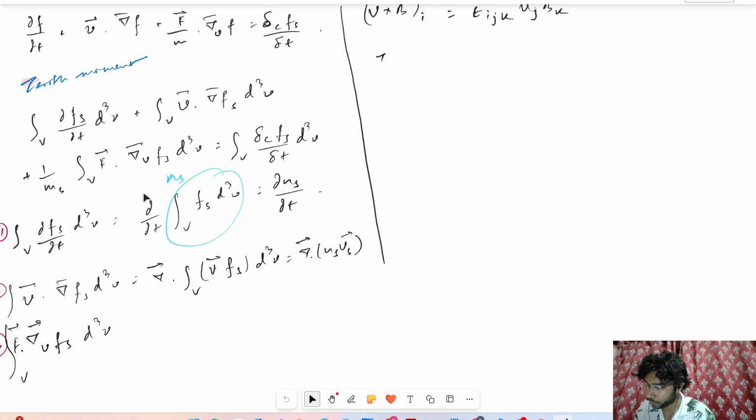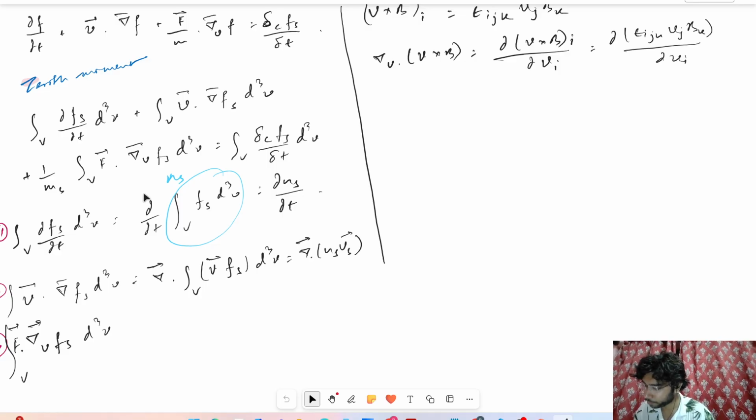And if we take del V dot V cross B, that is del of (V cross B)_i over del Vi, right? So that will be del of epsilon ijk bj bk over del Vi, right?